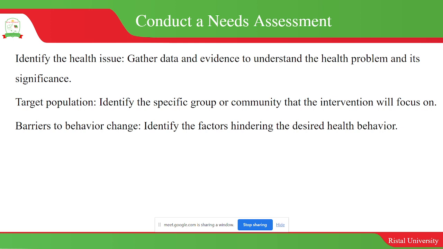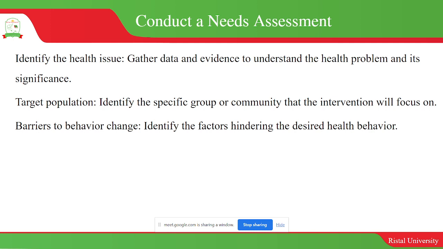Okay, so for you to design a health communication campaign, you need to be very specific on the issue that you want to address. Is it raising awareness about COVID-19, or is it about making sure that people can wash their hands? So what is the health issue that you have, and what are the barriers?